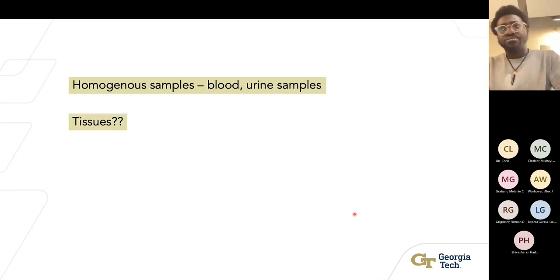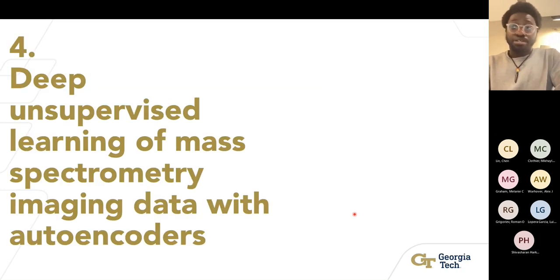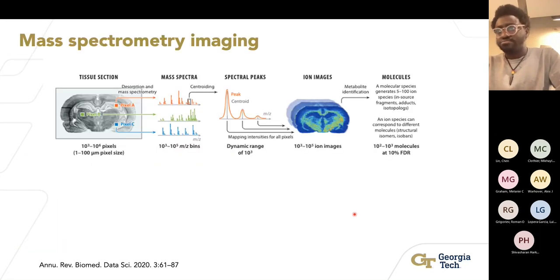You can then ask the question: can we do this on things like tissue samples? It turns out that we can, using mass spec imaging, and this is something I am just starting on in the lab. This will be a short part of my talk, exploring the analysis of these mass spec imaging datasets with autoencoders.